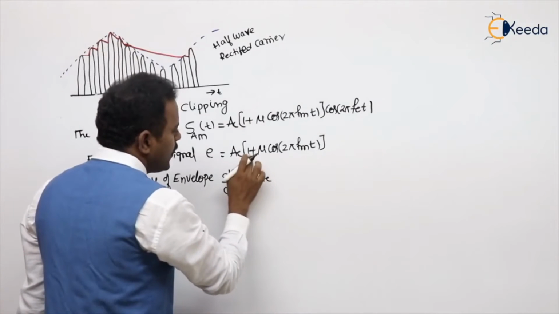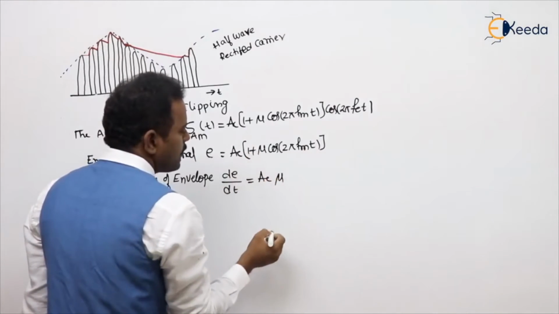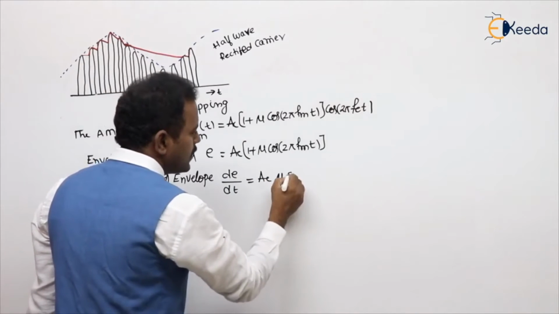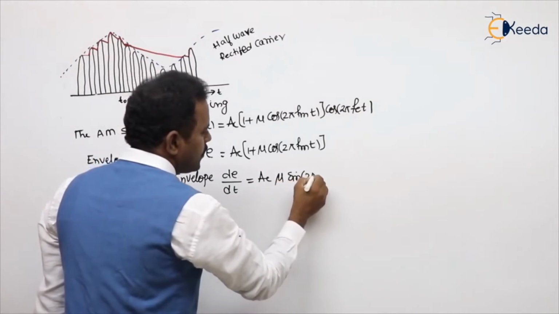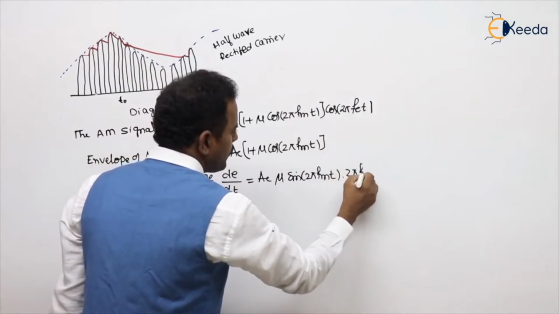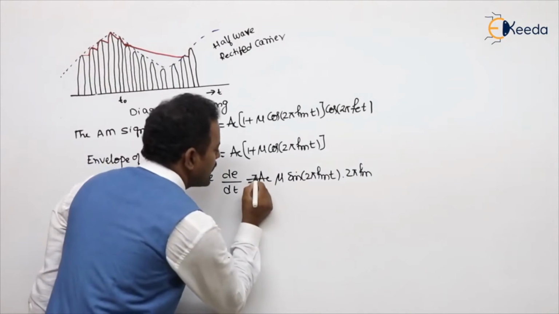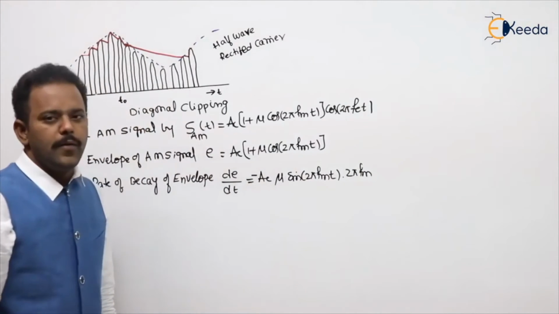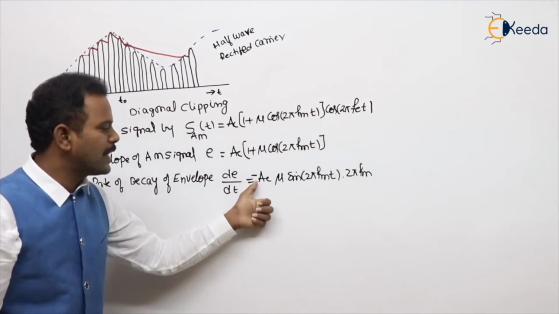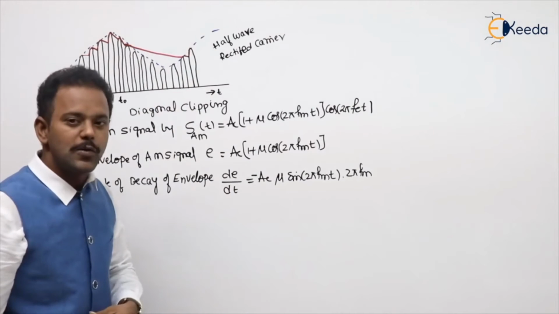AC, whose differentiation will be 0. Mu. The differentiation of cos is sine, so sine 2 pi FMT into 2 pi FM. But when you differentiate cos, sine comes with a minus. I am specially saying minus here because it is the rate of decay, so decreasing means you get a negative slope.